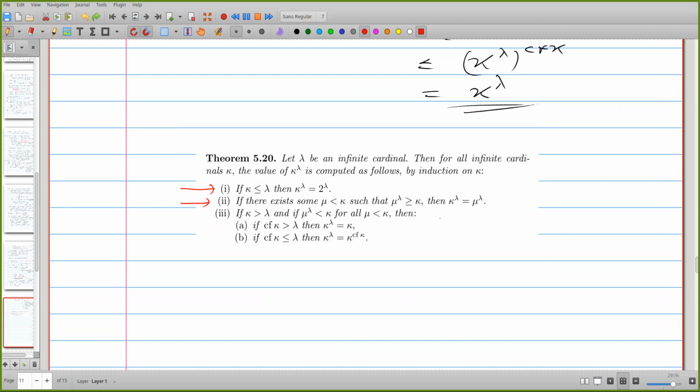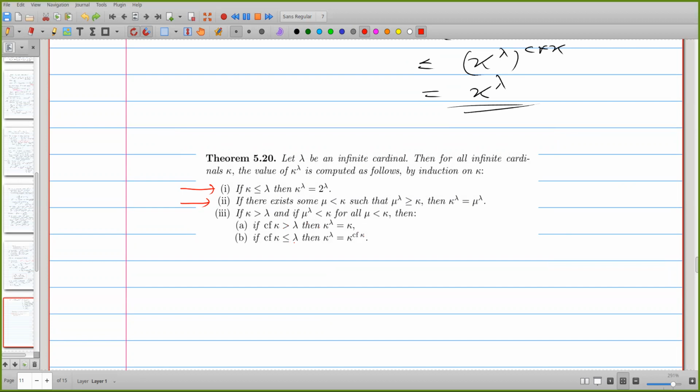And then, of course, we have the case where all the values mu to the lambda are less than kappa for all the mu's less than kappa. That is then apparently the remaining interesting case. And what do we get? Well, if the cofinality of kappa is bigger than lambda, then in this particular case, when all the mu to the lambdas are less than kappa, kappa to the lambda is just kappa.